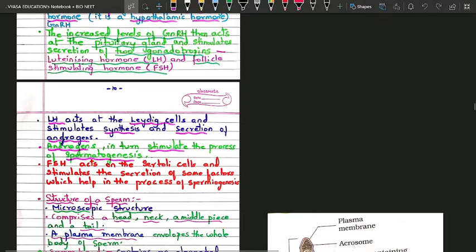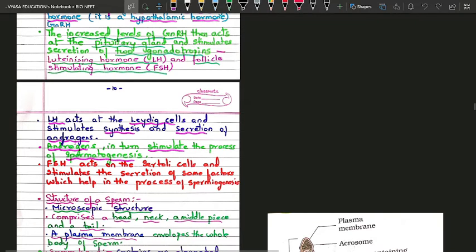So what do these do? What does LH, the luteinizing hormone, do? LH acts at the Leydig cells, which provide nutrition, we said. LH acts at the Leydig cells and stimulates the synthesis and secretion of the androgens.